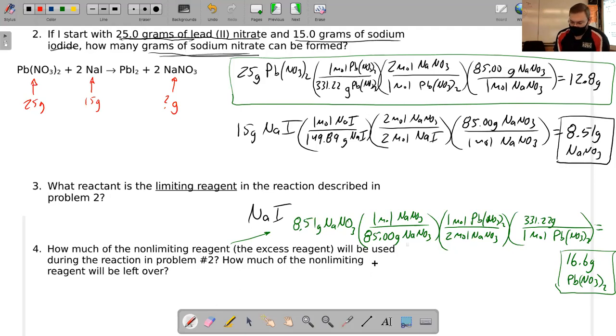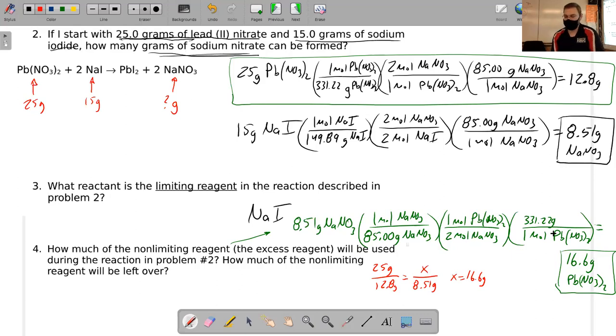If you think of it this way, 25 grams to 12.8 grams must be equal to something x divided by 8.51 grams. And if you solve for x, it should come out to also be 16.6. 25 times 8.51 divided by 12.8. Yeah, 16.6. If you think about it proportionally in that way.